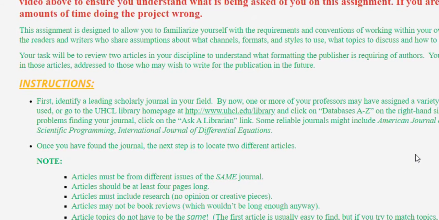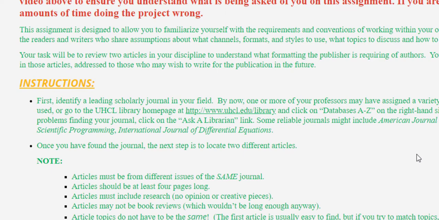It's allowing you to look within your scholarly discourse community, the field that you are going into as you get done with school and graduate, and to know if you write in that field, how you need to write. You are going to do this research, look at these articles, and then address a memo to future writers.